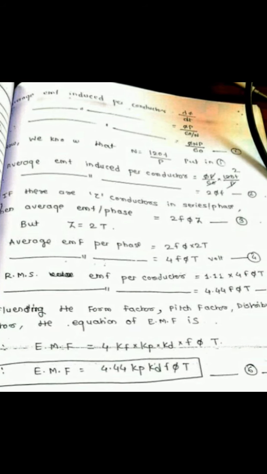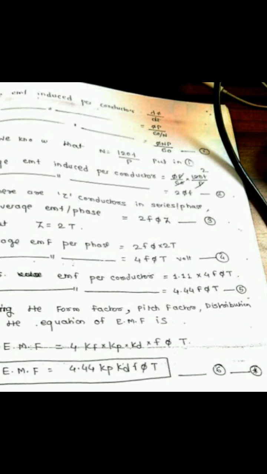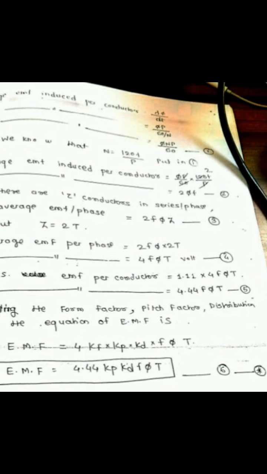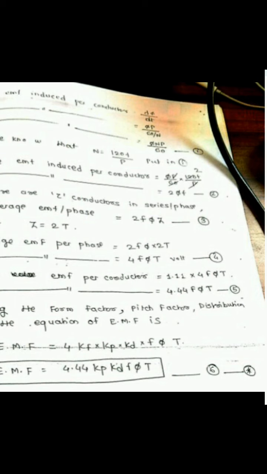Next, the RMS EMF per conductor, that is the root mean square value of EMF, we multiply with the form factor, and we know the fundamental value of the form factor is 1.11. So it will give you the value of 4.44fΦT. This will be equation number 5.